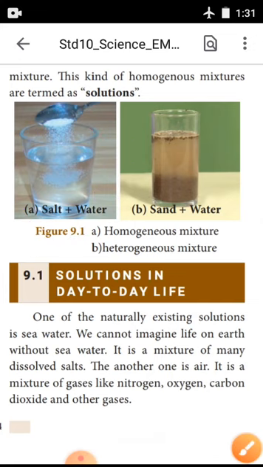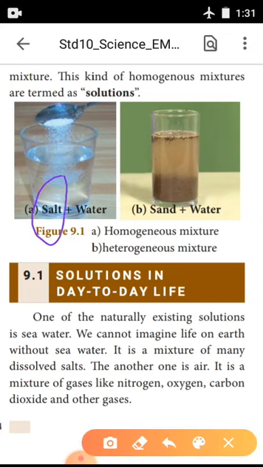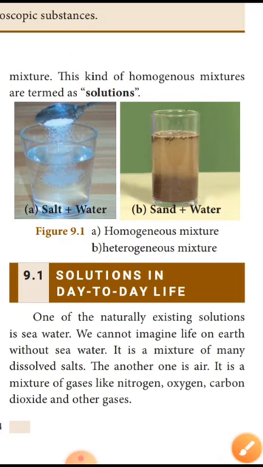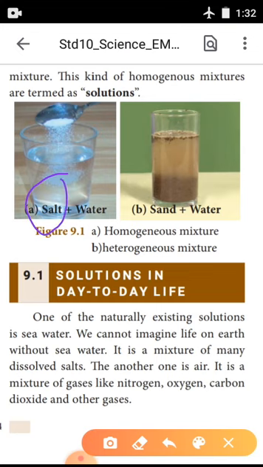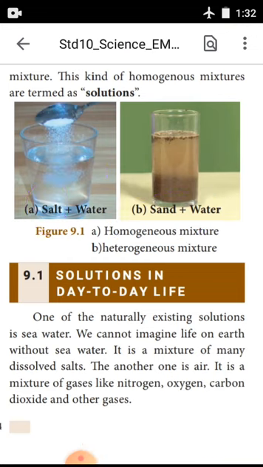The salt particle completely dissolves in the liquid, so we get a homogeneous mixture. After that, we cannot separate the salt from the solution. Is it clear? So, this is a homogeneous mixture.